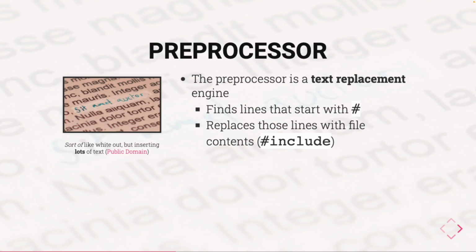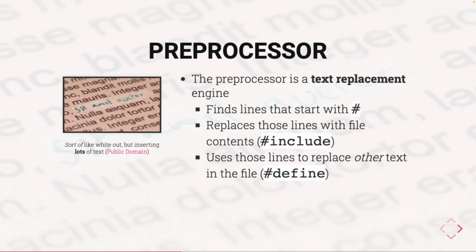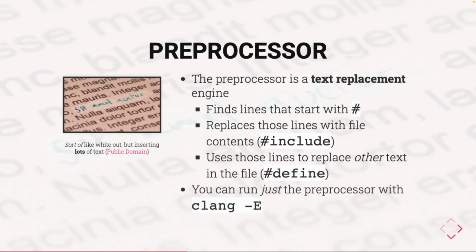So include literally replaces those lines with the files that you're including. And then define is something that's closer to classical find and replace. And you can run just the preprocessor with clang -E.